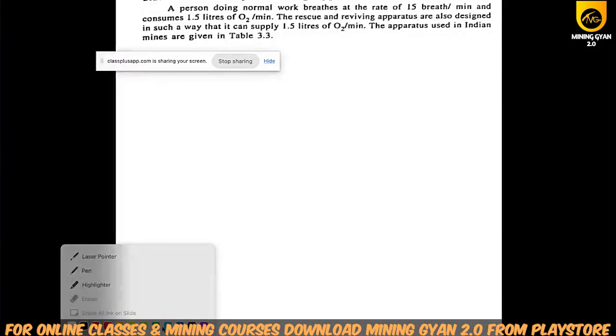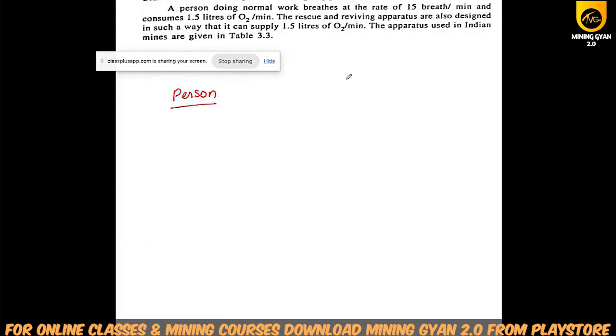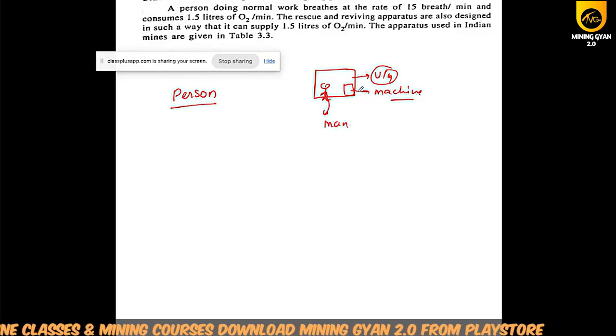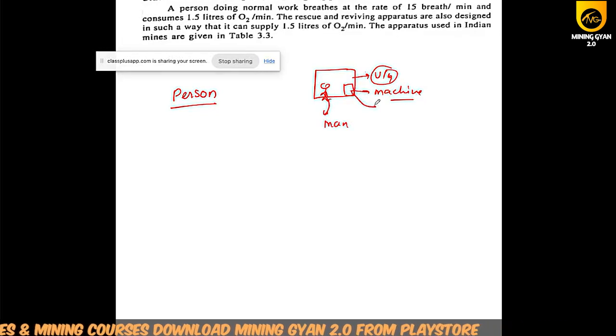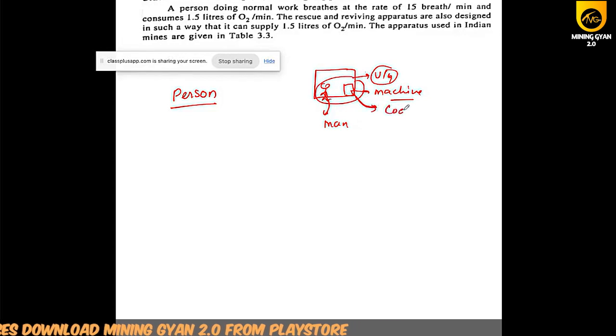Suppose, because in your underground there are men and machines. Men try to produce coal or metal, anything; we are talking about coal here.